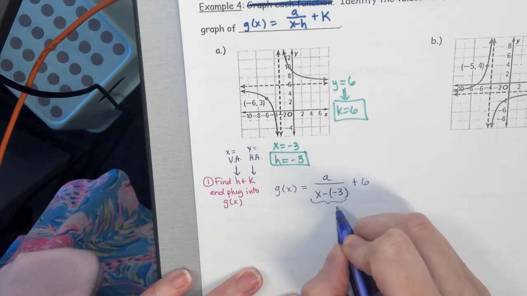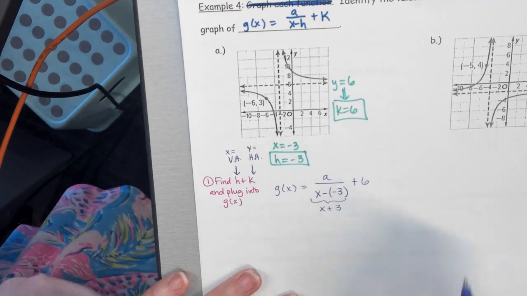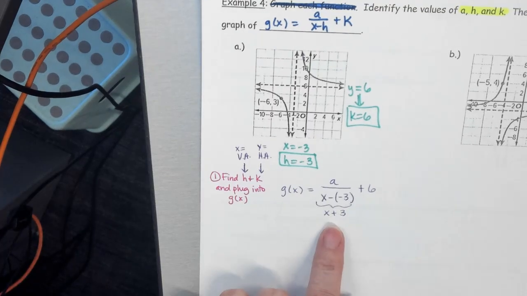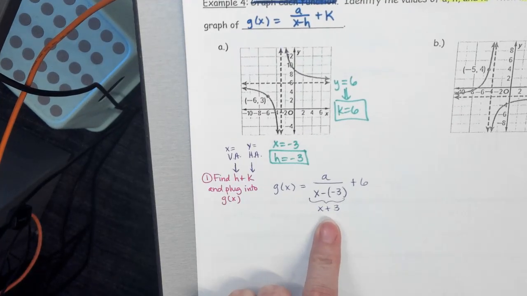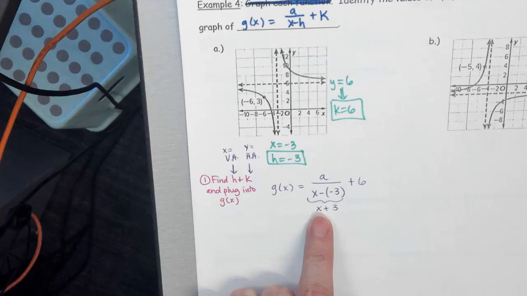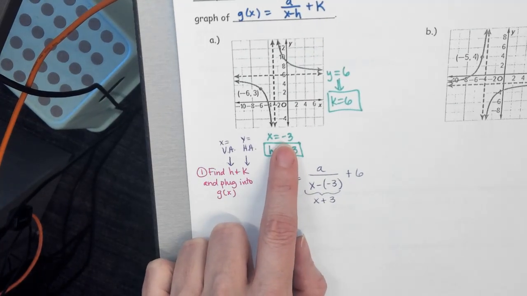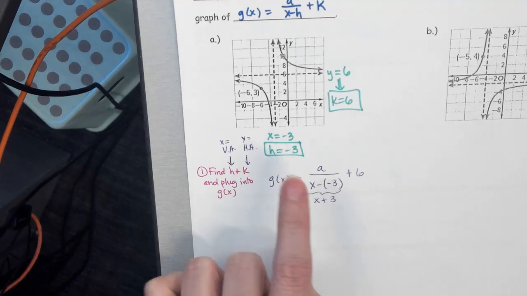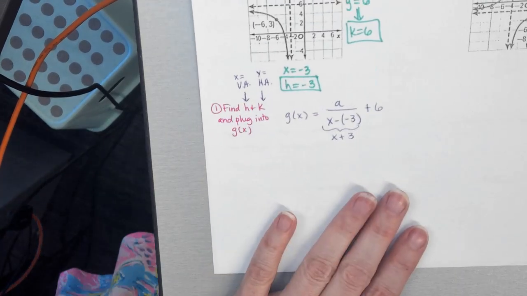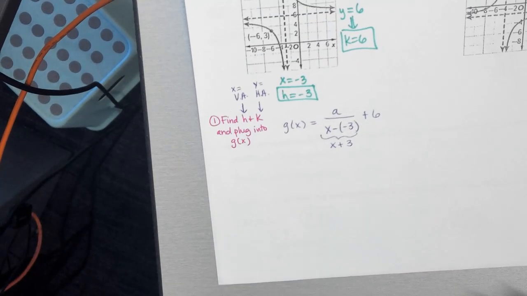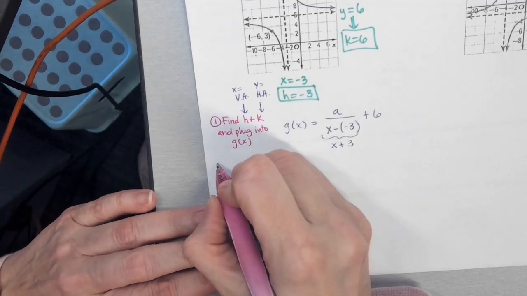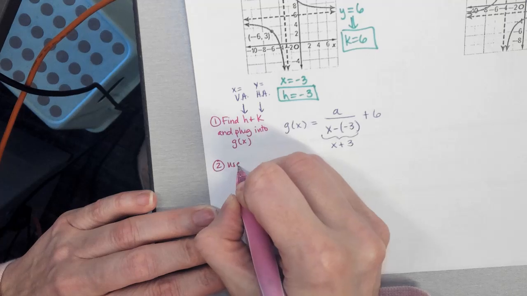Okay, so we know if you have minus a negative, it's going to change to a plus. I just want you to see how that changes. All right, so if we were to set that equal to 0, that's how we get the x equals -3. Okay, so your h value is going to match your x there. Okay, you may have noticed there's something else given to you on the graph. We're going to use the given point.